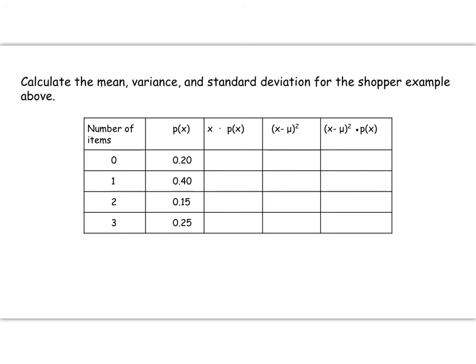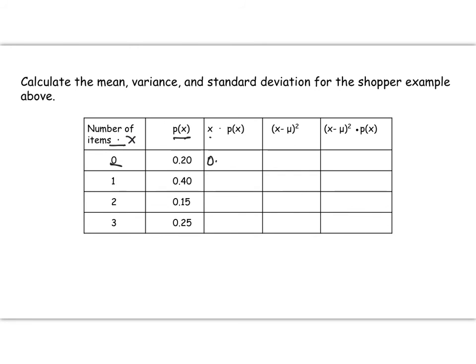All right, so if you don't have a calculator, here we have the number of items in the first column. In the second column, we have the probability for each number of items. And so I broke down the formulas into simpler pieces. In the first column, we have the data value, number of items, times the probability of buying that item. So the value is x over here, this is the probability of x.